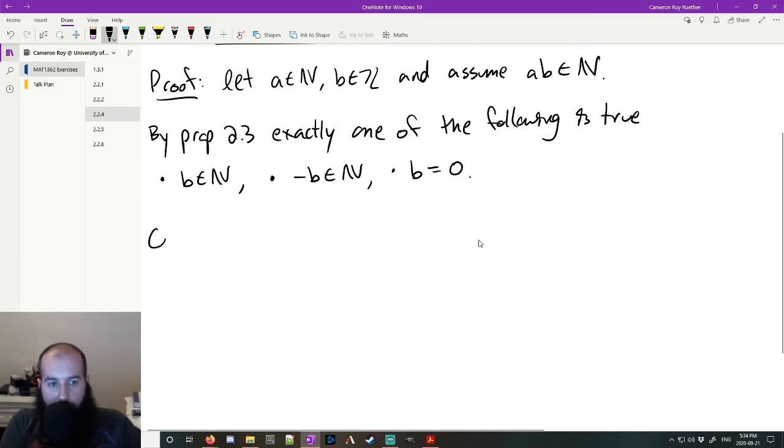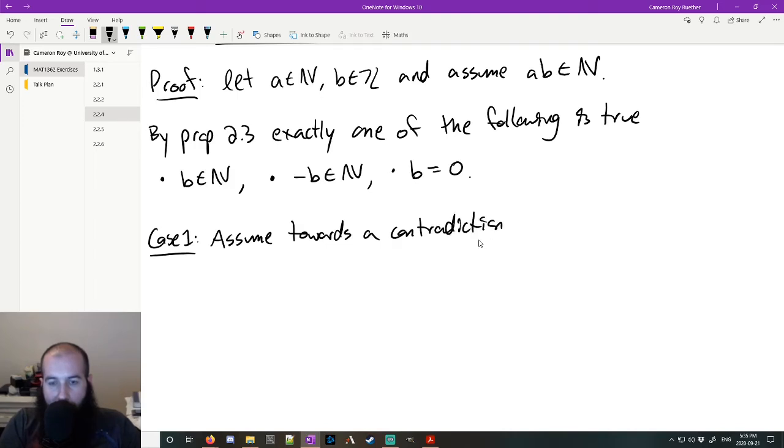So, case 1, assume towards a contradiction that the additive inverse of B is a natural number.